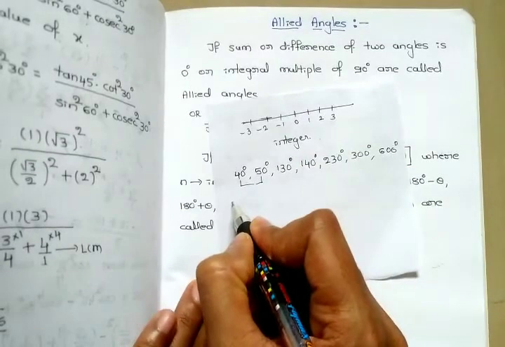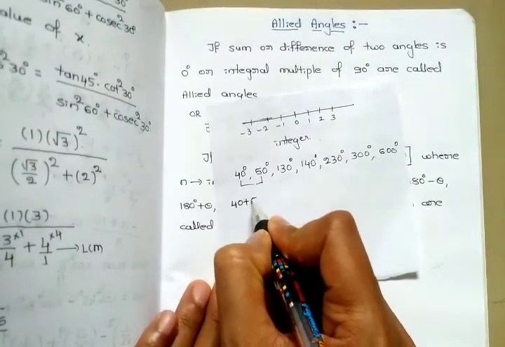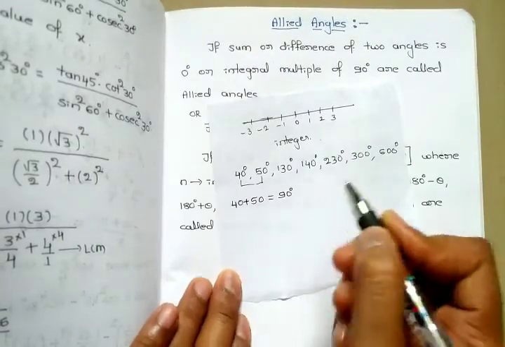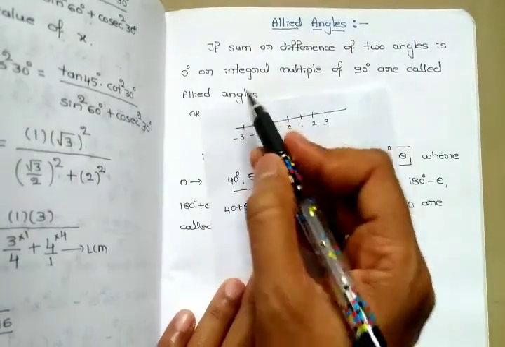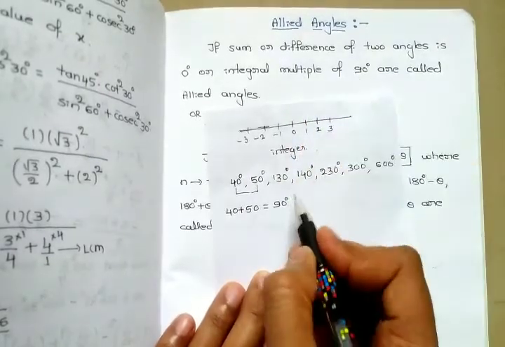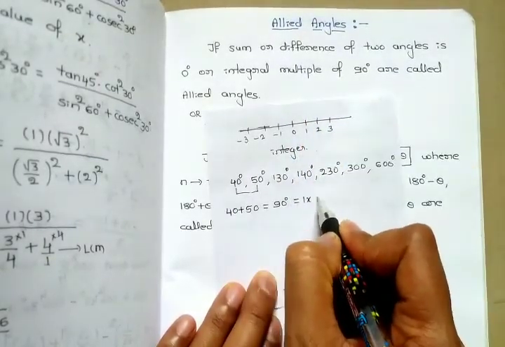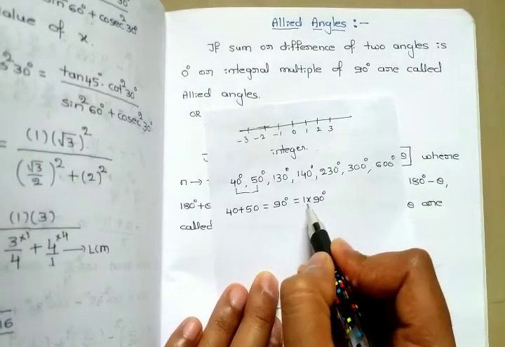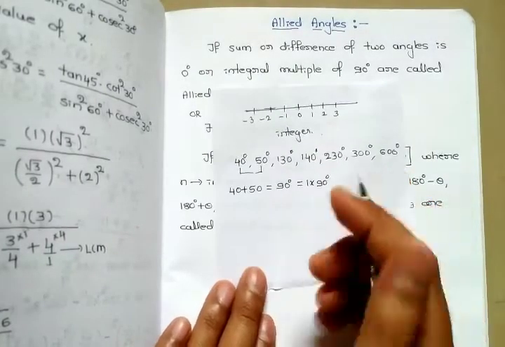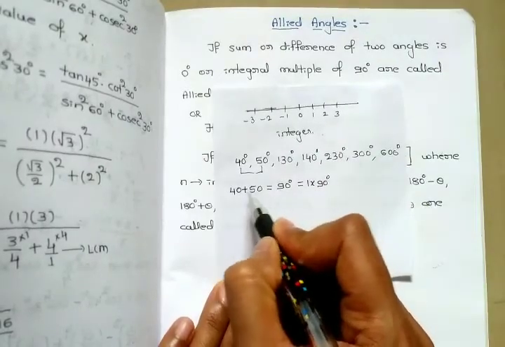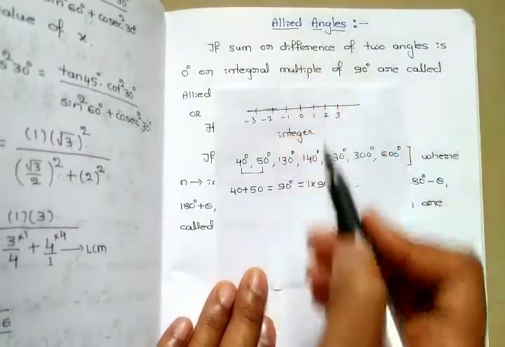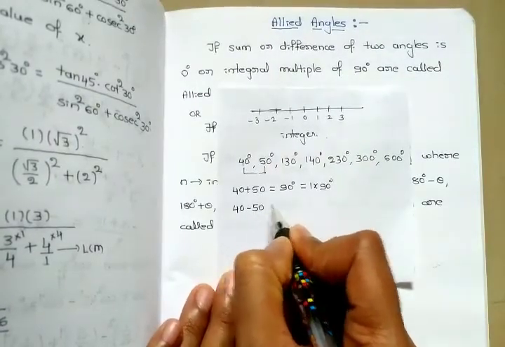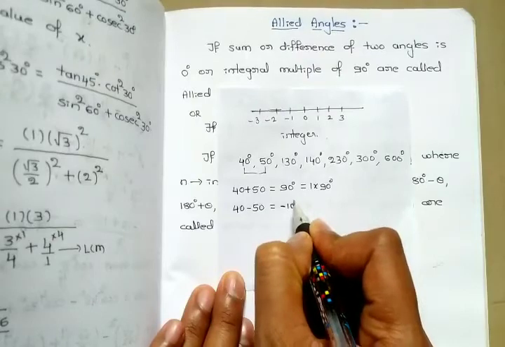If I add 40 plus 50, how much will we get? 90 degree, correct? 90 degree is the integral multiple of 90 degree, because 1 into 90 degree is 90, and 1 is an integer. So such angles are called allied angles.